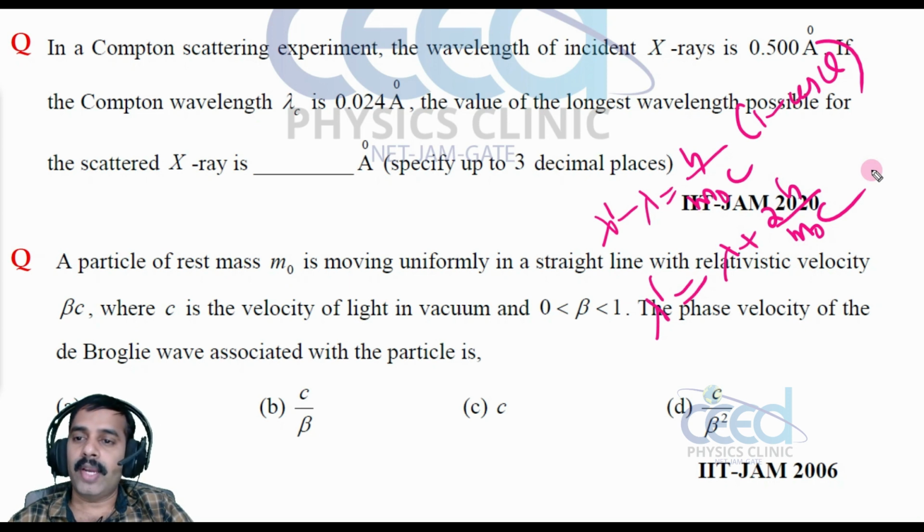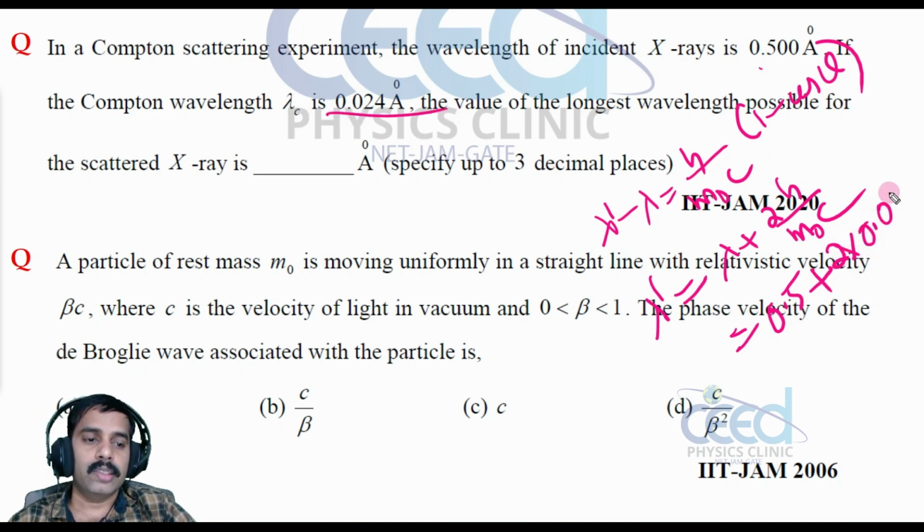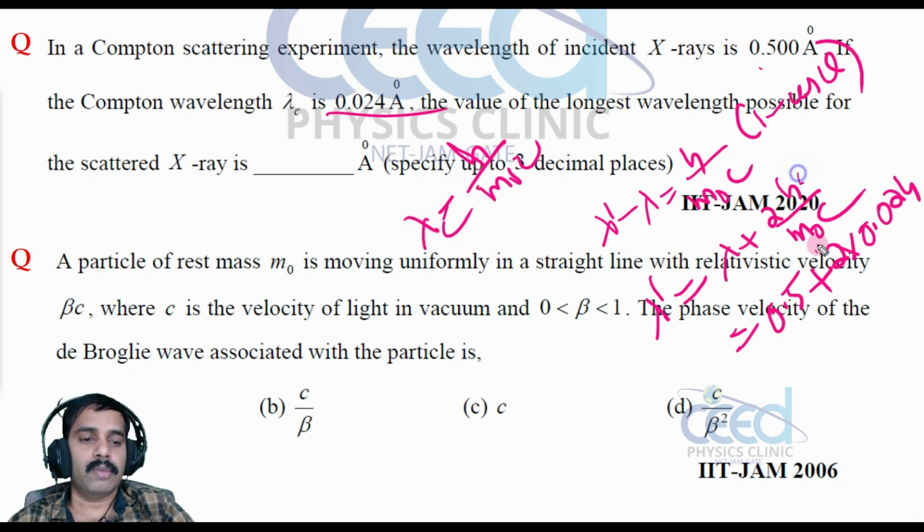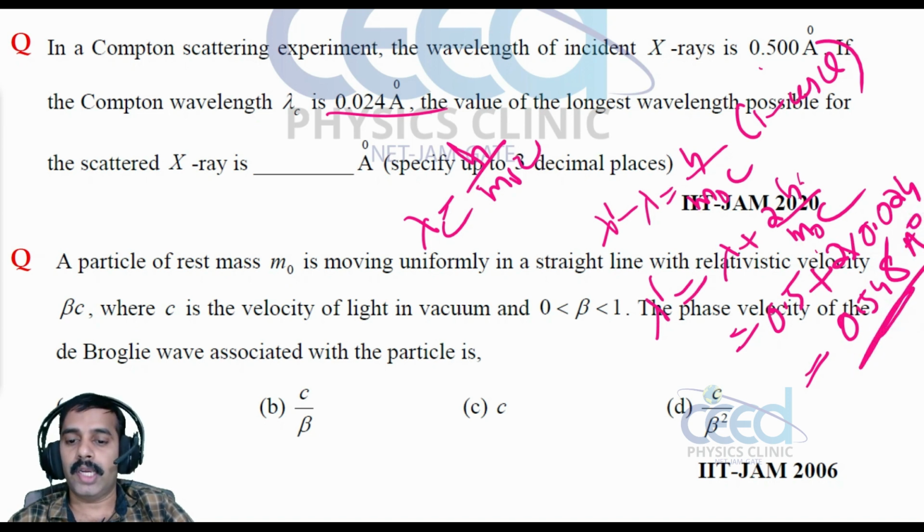Now we have all the values: lambda is 0.5 plus 2 into lambda c, which is 0.024. This Compton wavelength, h by m0 c, is lambda c. Its value is given, so we can substitute. When you solve this, you will get 0.548 Angstrom. So that will be the answer.